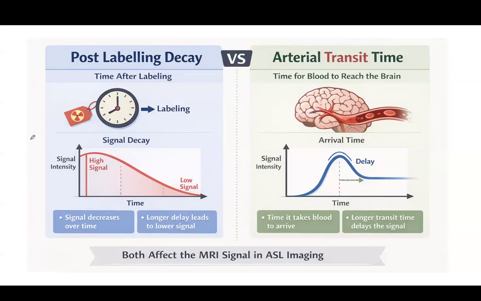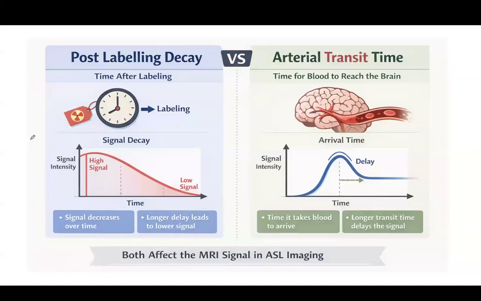The blood reaches from the carotid to the capillaries, then to the parenchyma. That is the arterial transit time. We are trying to measure the transit time, and we are trying to match that transit time. The delay is fixed because we cannot actually measure the arrival time.